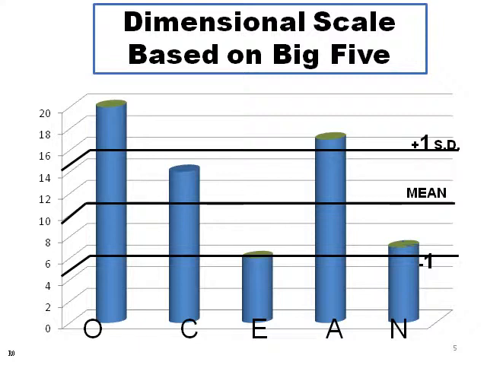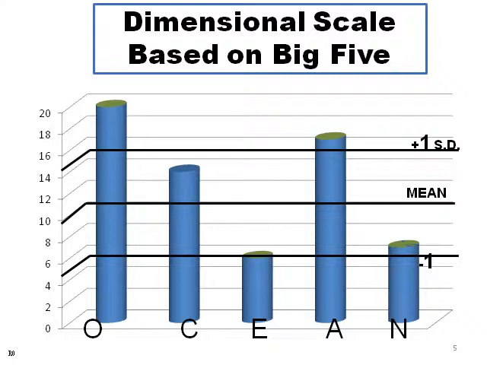And we would have one standard deviation above the mean, one standard deviation below the mean, and a person would be charted for each of those 5 big factors. We would then come up with a dimensional view of that person's personality. And maybe we would say that some frequencies or some constellations over the 5 might be considered disordered, whereas other constellations were normal.